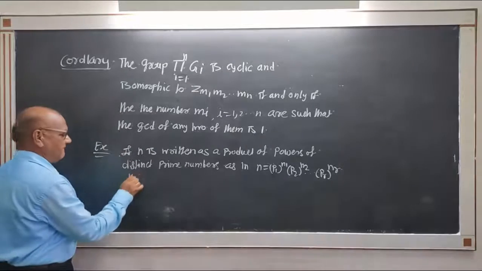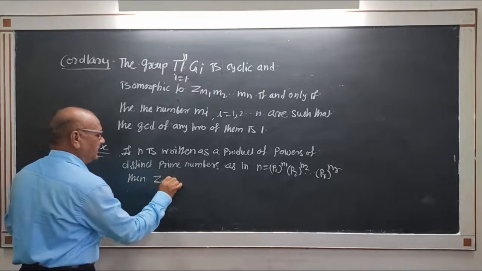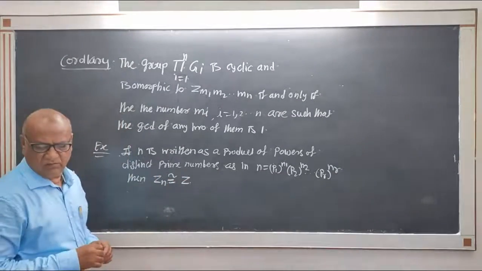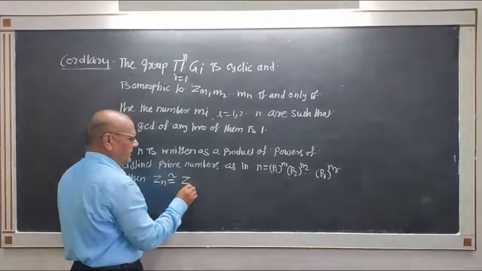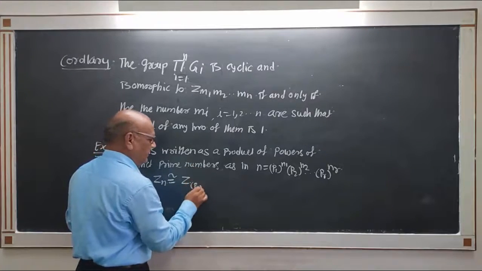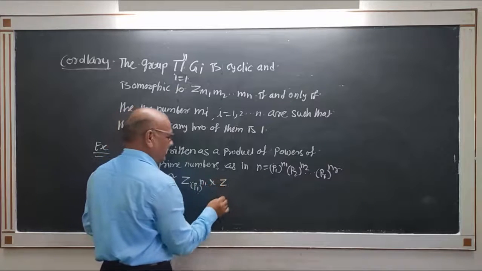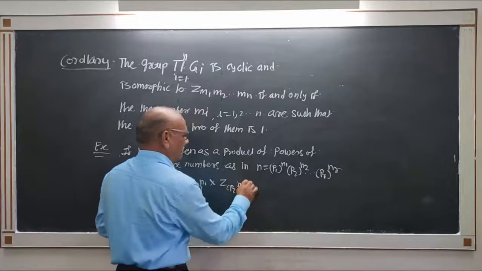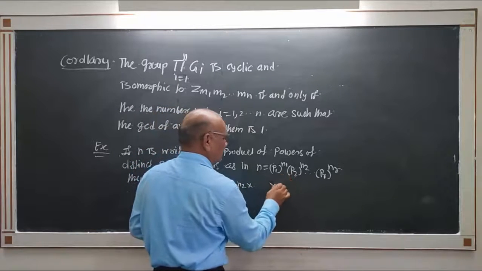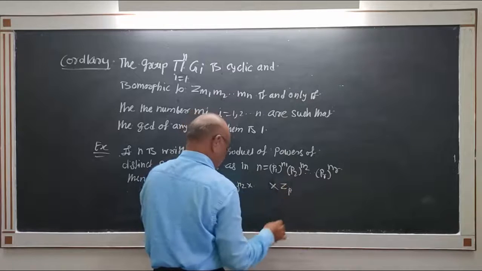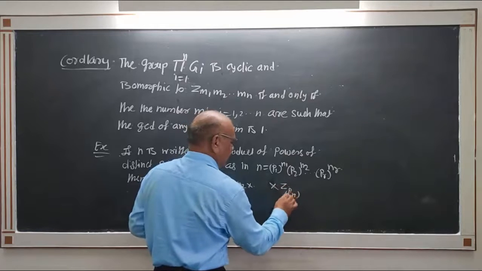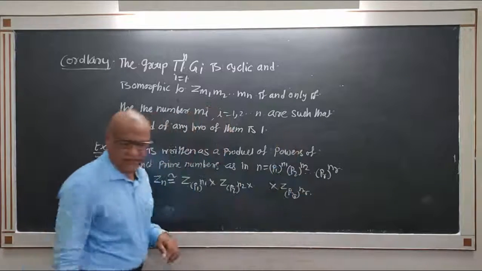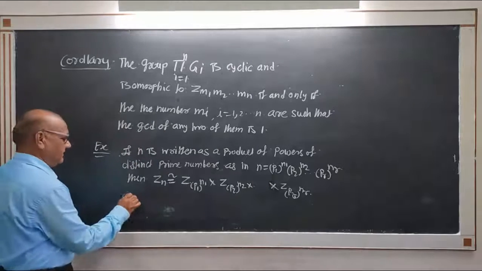Then Zn is isomorphic to Z of p1 raised to n1, cross Z of p2 raised to n2, cross, like this, cross Z of pr raised to nr.